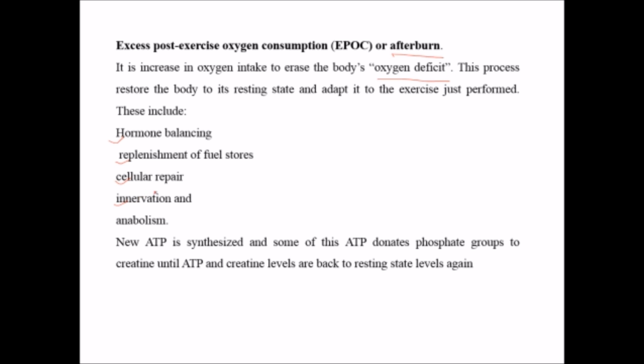What is innervation? The nerve supply to the desired body parts, and anabolism means the construction process. Apart from this, it also synthesizes some new ATP and donates the phosphate group, until the ATP and creatine levels are back to the resting state level again.